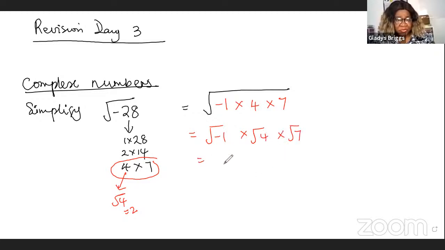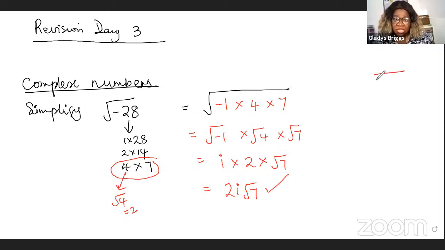Square root of negative 1 is the same thing as i, and times 2 times the square root of 7. To finish it off, yeah, we just tidy it up nicely. You have to put the number first. It's going to be 2i root 7. And that's going to be the final answer, okay?